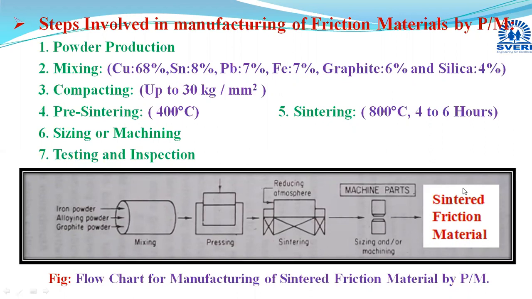All these properties are tested and inspected. For this testing and inspection, we can use different destructive testing methods and non-destructive testing methods on this final component, and then we will get the final product. That final product, the sintered friction material, is ready for our practical use.